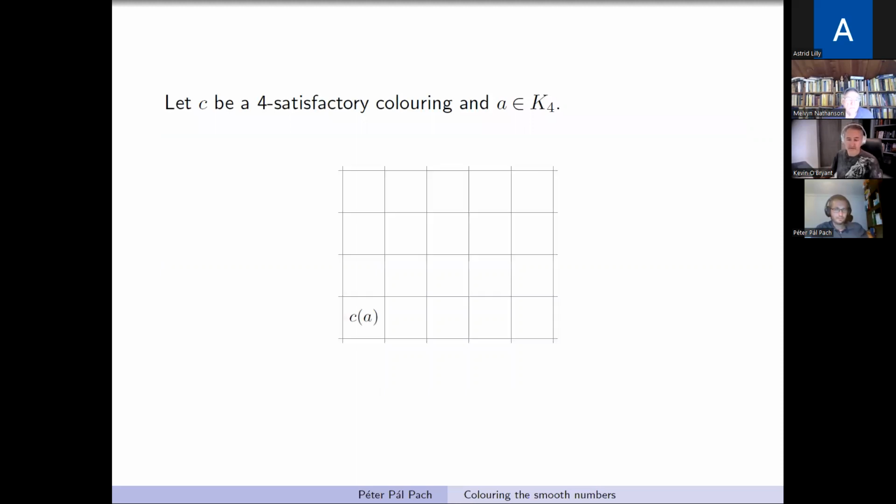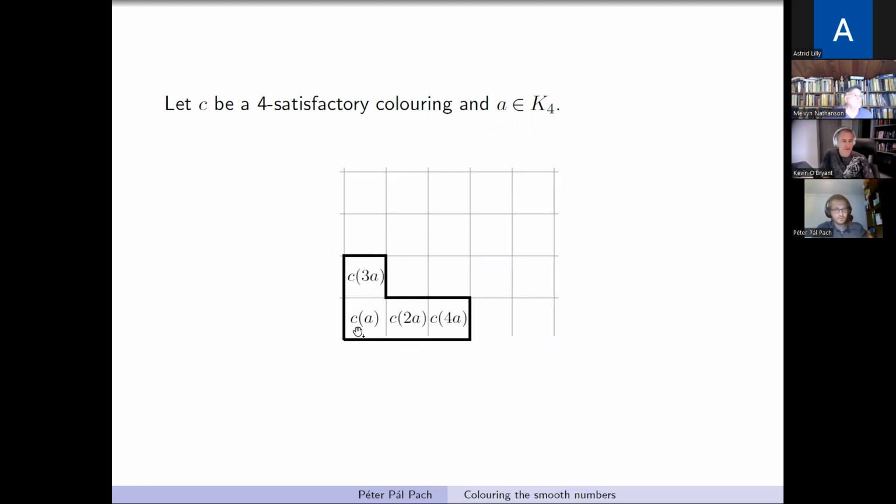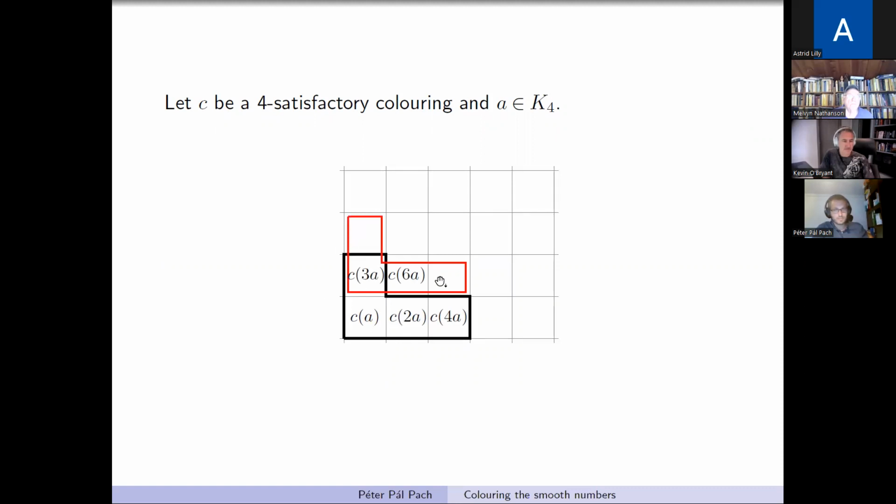Okay, let's try to find the 4-satisfactory coloring. Here is an element A, and because of this L shape, we must use all the 4 colors. And now we will figure out the color of 6A. Because of this red translate, the color of 6A must be different from the color of 3A. And because of another translate, this blue one, the color of 6A should also be different from the colors of 2A and 4A.